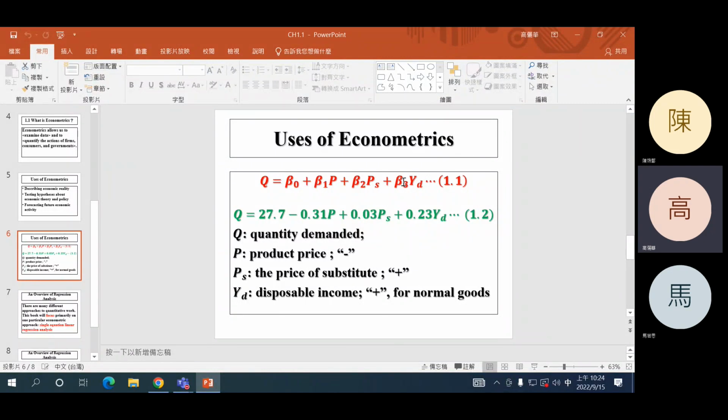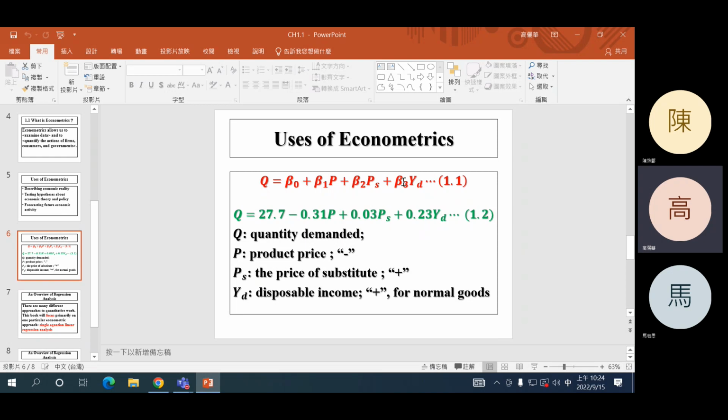Okay, we have to go further. Using this relationship, this equation, to describe the economic reality. Okay, then what is this? 1.2.